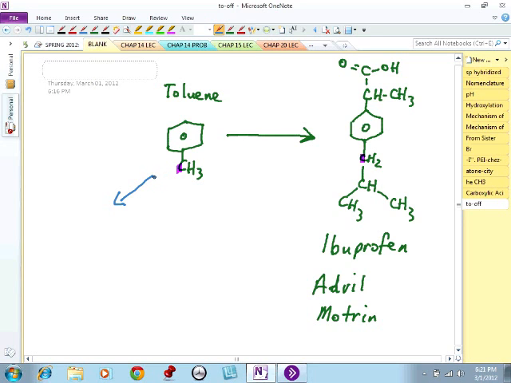Exactly. So you want to functionalize this with NBS? Excellent. Okay. So we will start with NBS. Okay, what would NBS do? Brominate this carbon here. Excellent. Very good. Okay, so we want to brominate that carbon.